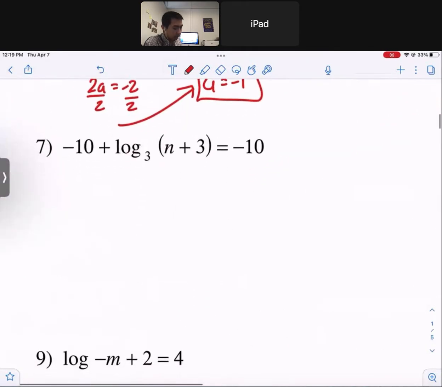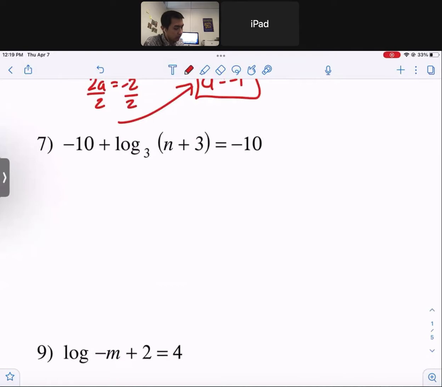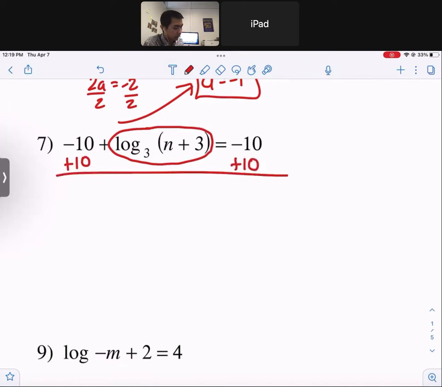Number 7. Okay, so first of all, now we want to get this log isolated. That means we should add this 10 over to the other side. So we get log base 3 of n plus 3 is equal to 0.